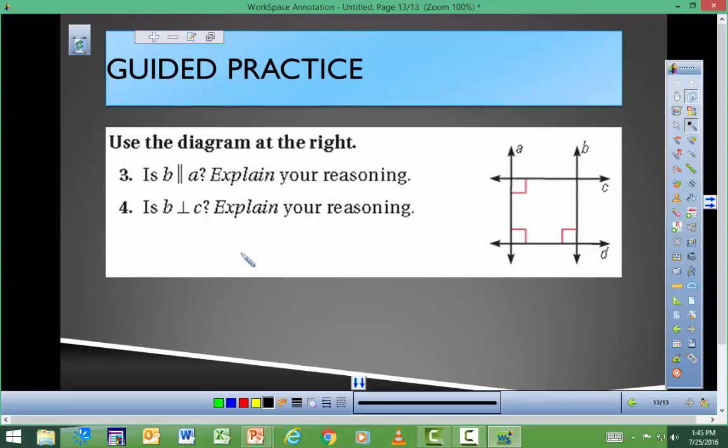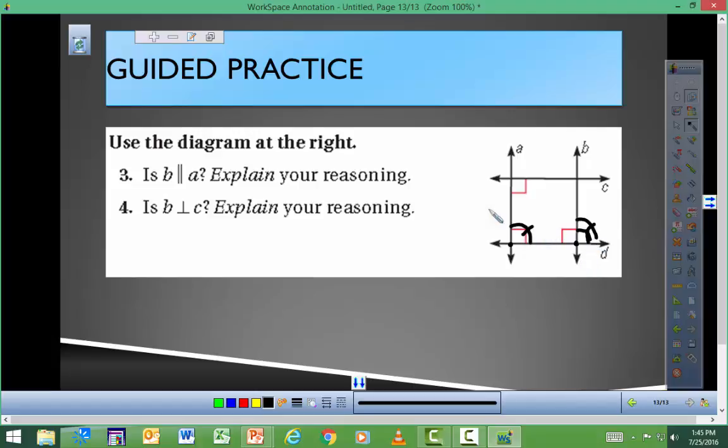So you're going to have a couple tricky diagrams to deal with, and let's be careful here. We don't want to make assumptions when we have our diagrams. Is line B parallel to A? Well, because of these two right angles, you have a transversal. This is a 90-degree angle, that's a 90-degree angle. We have a theorem that says if you have one right angle, you're going to get four right angles. And if you have a right angle there, then this angle here is congruent to this angle here, right?